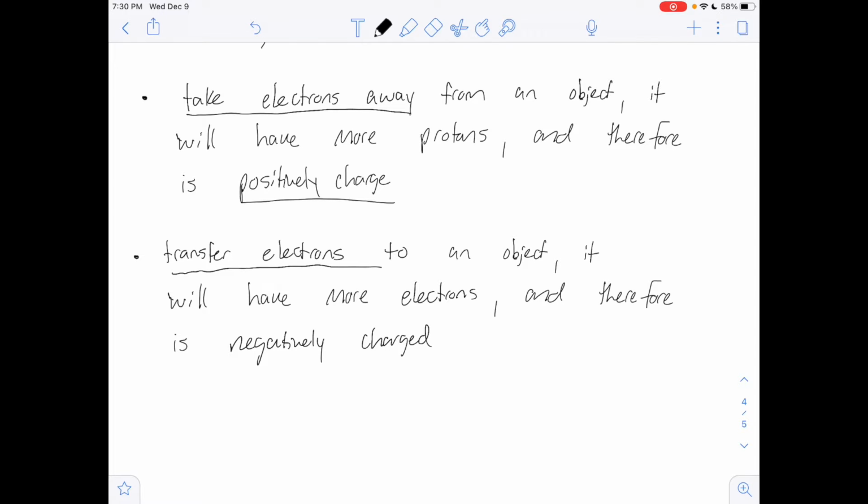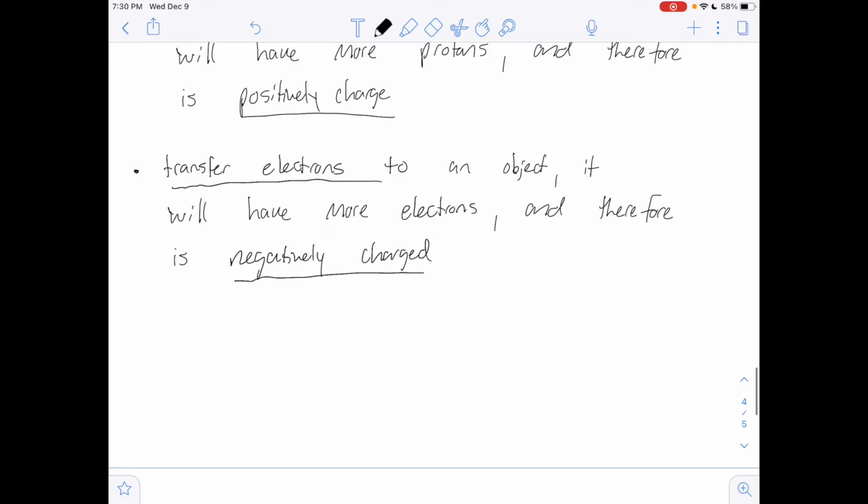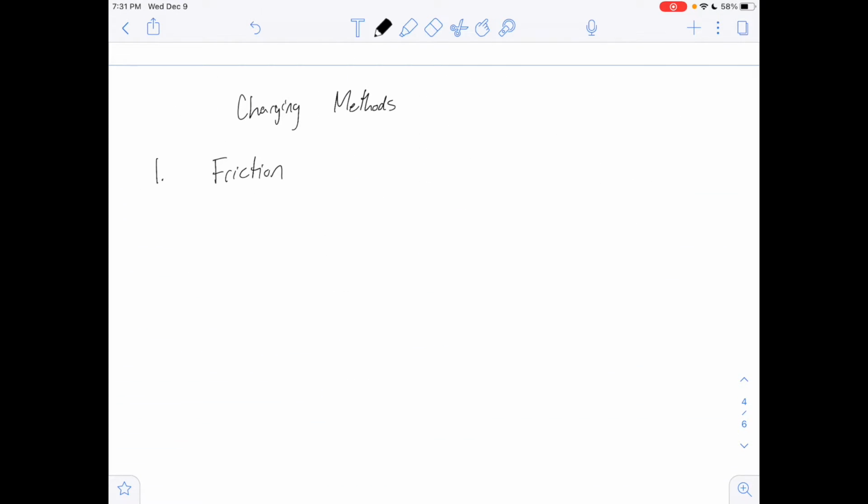So just remember, if you transfer electrons to an object, then it will be negatively charged because now it has more electrons than protons. And so let's go ahead and talk about a couple of ways that we can charge an object.